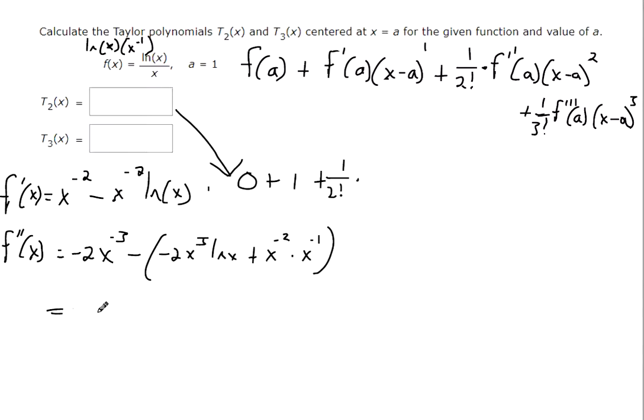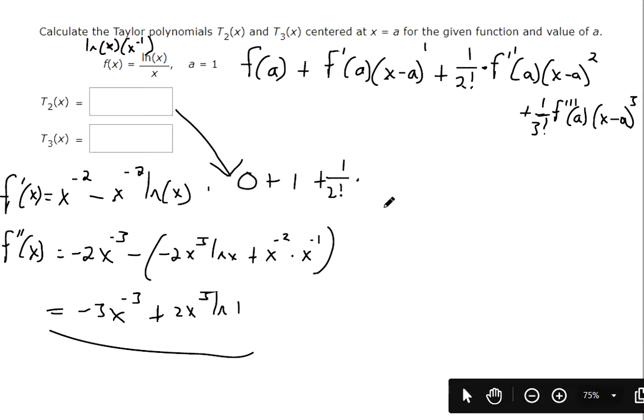We have some like terms to combine: negative x to the negative third subtracted by x to the negative third makes negative 3x to the negative third. And this term isn't going to matter because of the problem's choice of center, since natural log of 1 becomes 0. But that's our second derivative. If we plug in 1 into our second derivative, this is just negative 3.